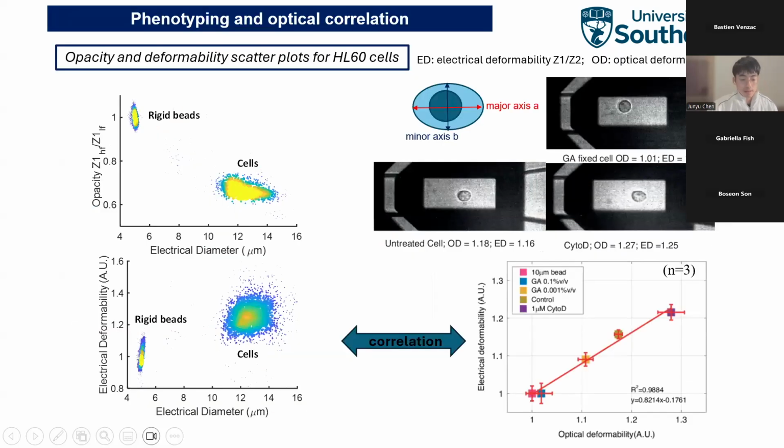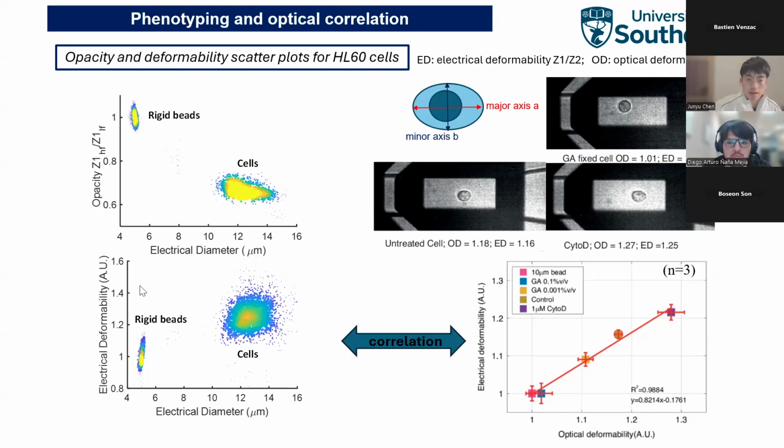Here we can see the raw scatter plot of the cell phenotyping and optical correlation results using the HL60 cells. The scatter plot shows the relationship between the electrical diameter, opacity, and the electrical deformability. Note that all the electrical parameters are normalized by the rigid beads, which are the reference for the different group comparisons.